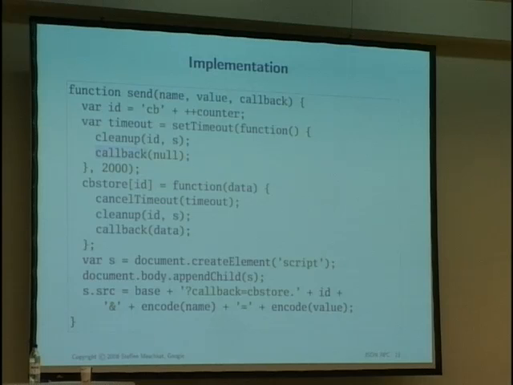And it also invokes the callback, but this time not with data, but with just null. This also establishes a very simple and straightforward status protocol. If this callback is invoked with data, then the service request was successful, and if it is invoked with null, then the service request was not successful.